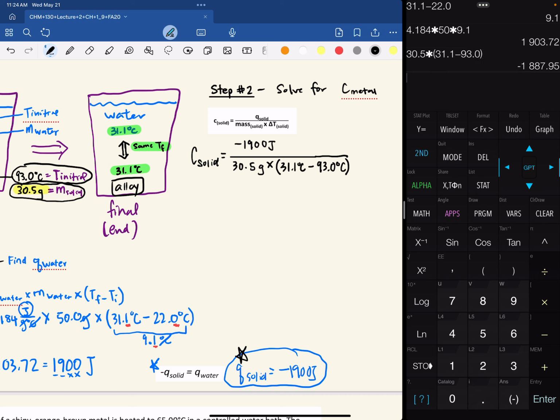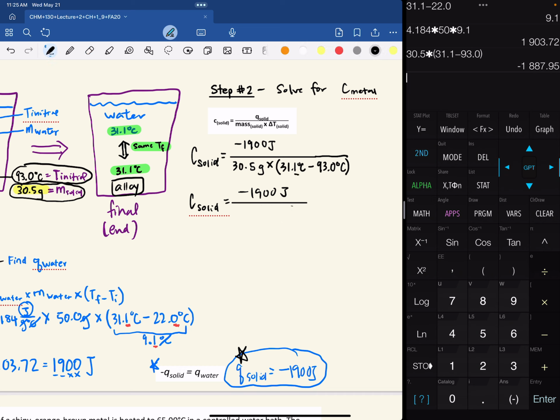Actually, it might be better to do that in terms of the sig figs.